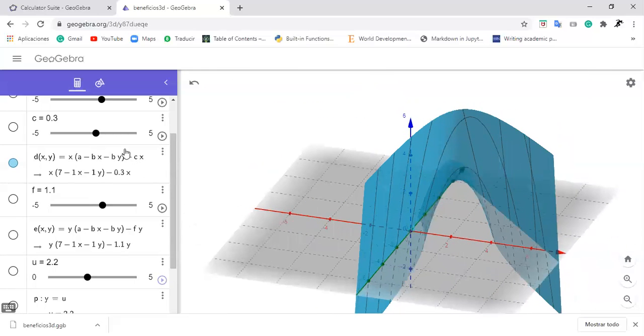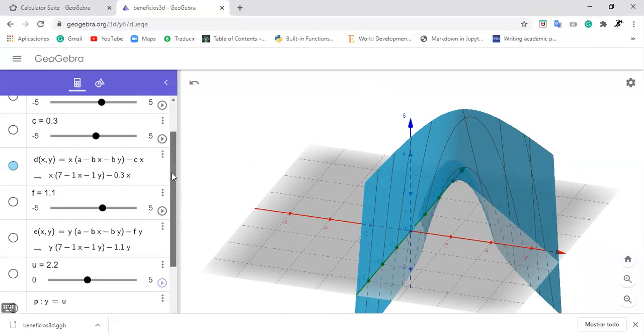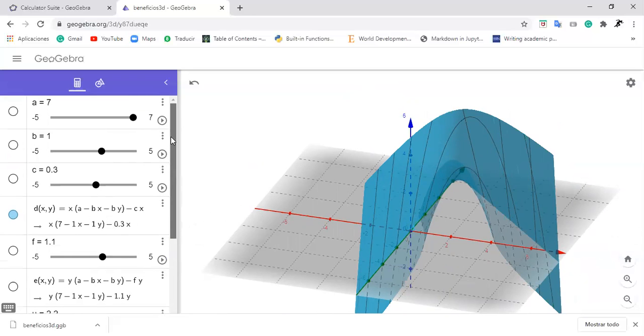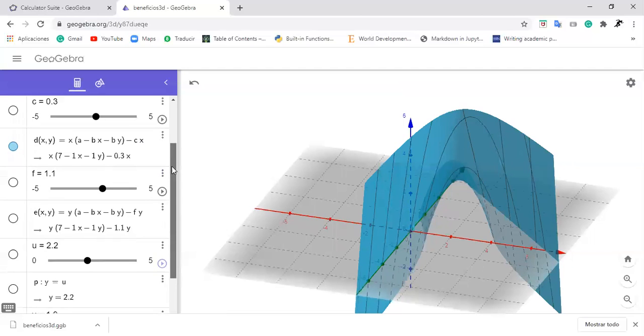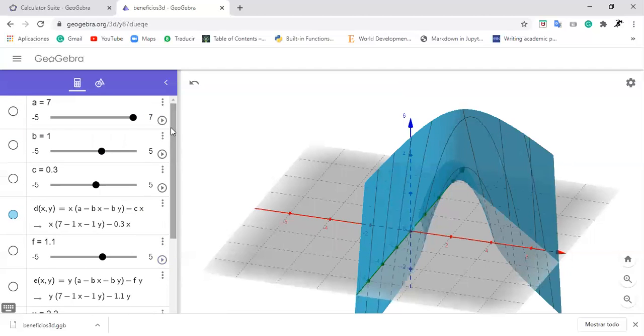And these parameters, A and B, are given by the demand function. I have set these parameters to be A equal to 7 and B equal to 1. So the only variables here are Y and X. And C is the cost parameter per unit for firm number 1, and I have set this cost around 0.3.